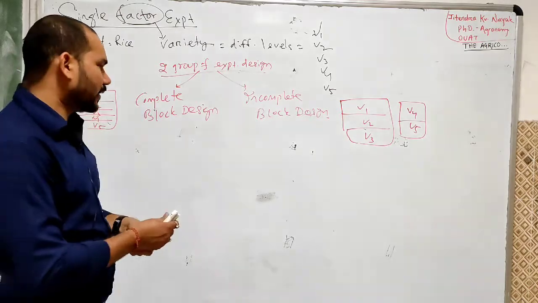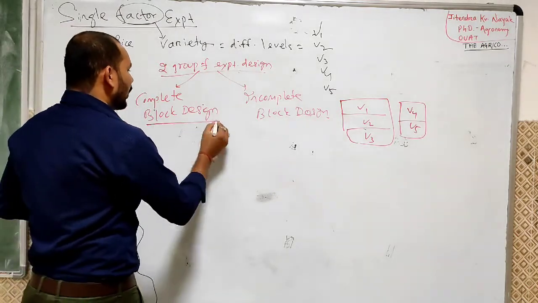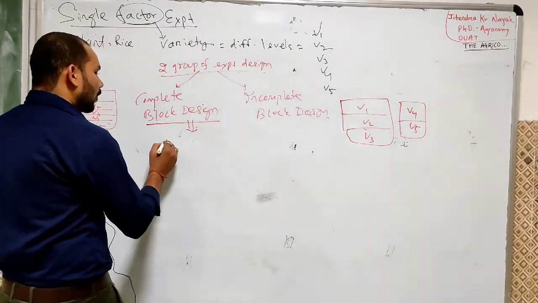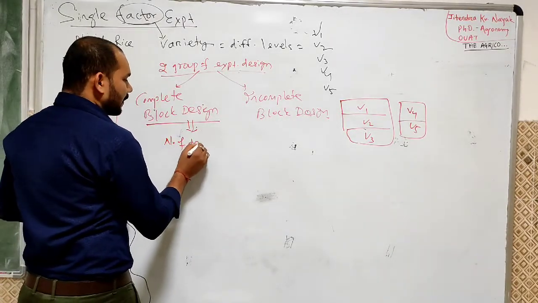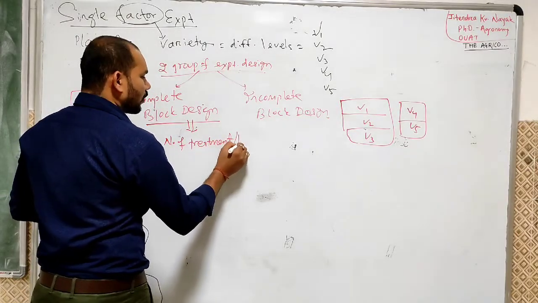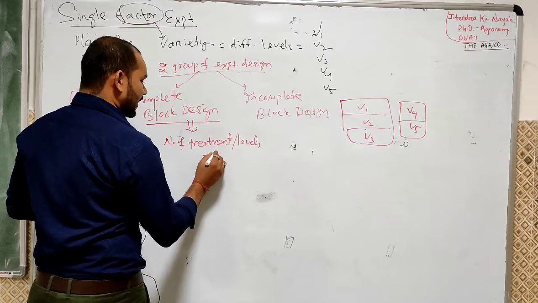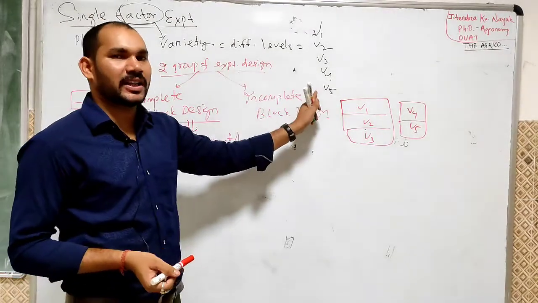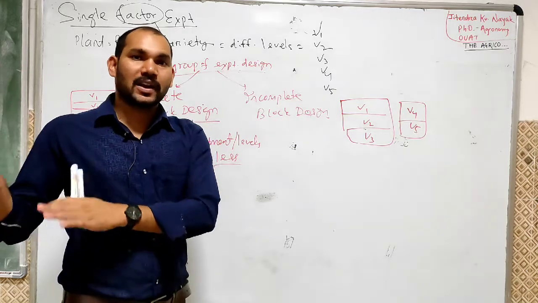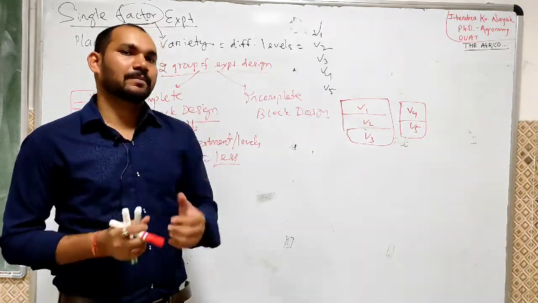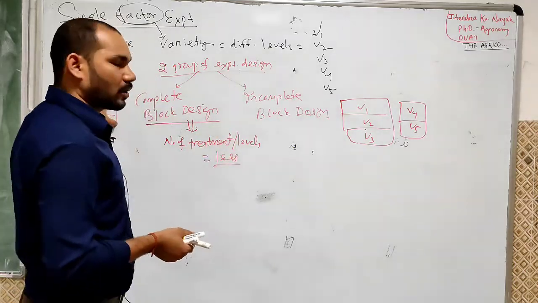Okay, so now remember, in which case will I take complete block design? If the number of treatments, or we can say labels, is less. Obviously, if less, here 5 treatments are there. So in field conditions, I can accommodate these 5 treatments within one block.